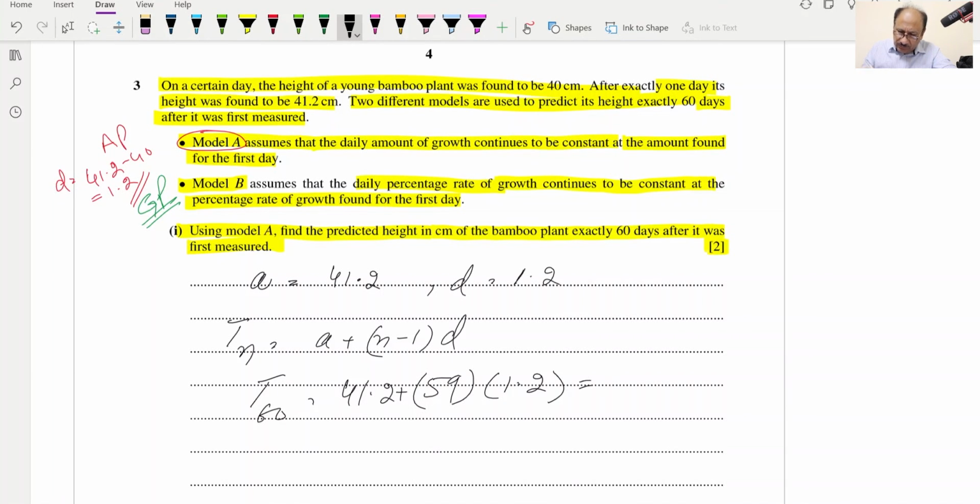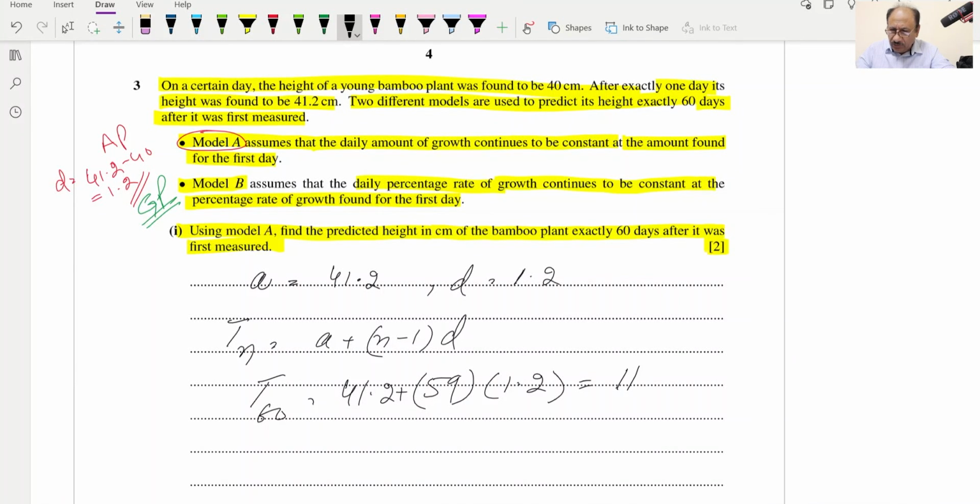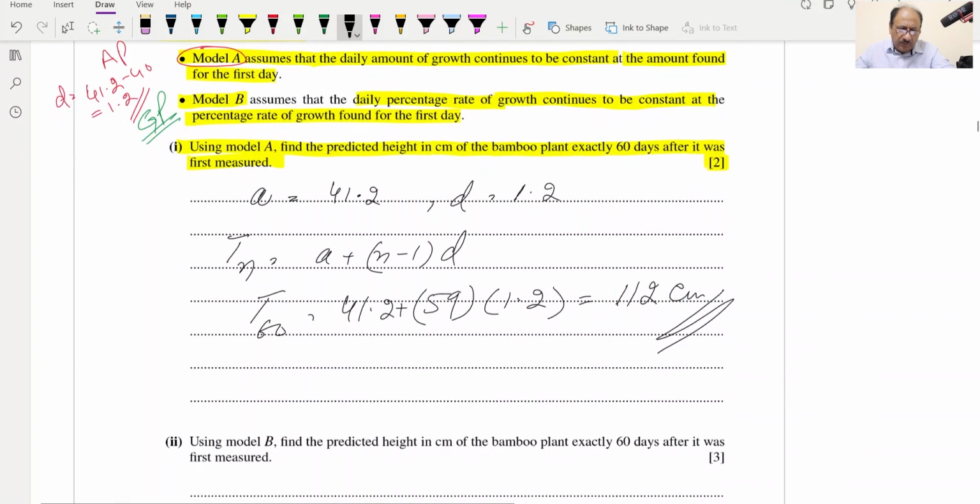Now we can simplify. This will be 41.2 plus 59 multiplied by 1.2, and this is equal to 112 centimeters. This will be the answer for part 1.